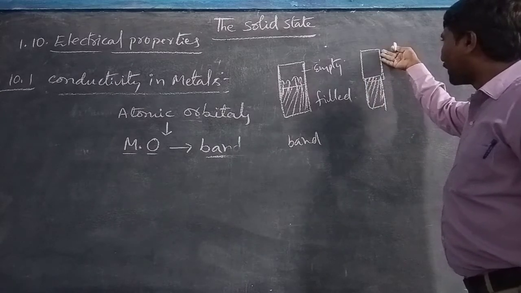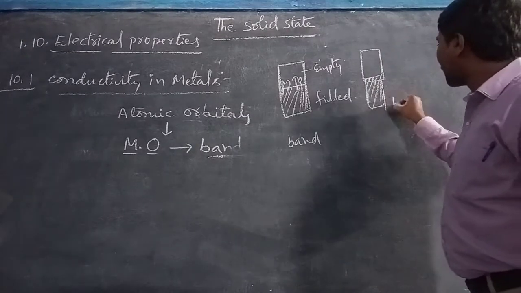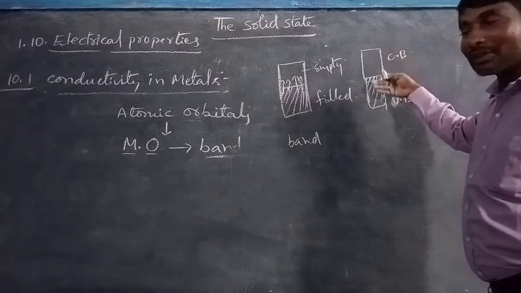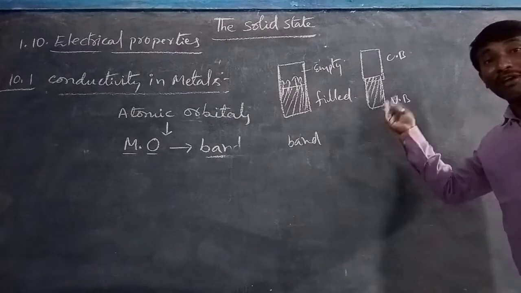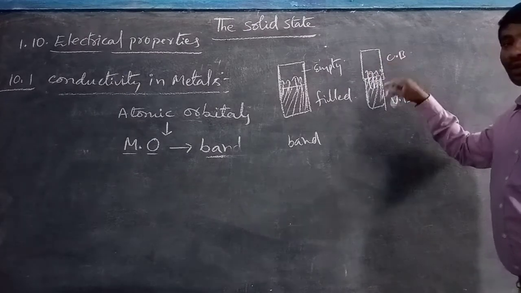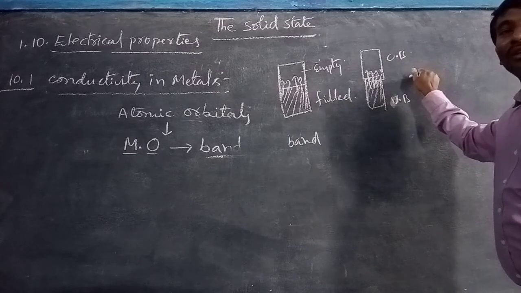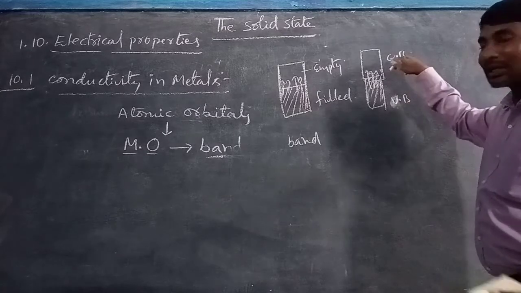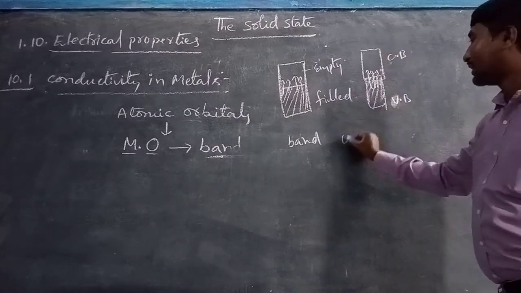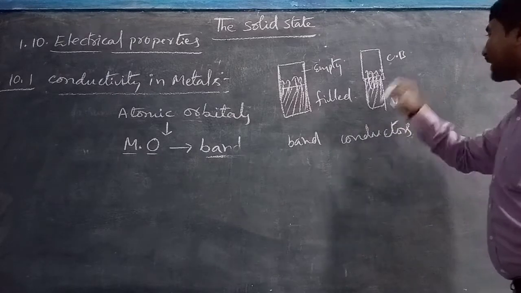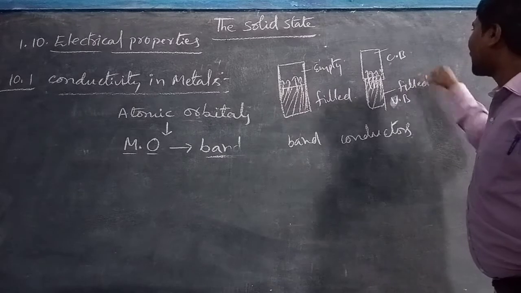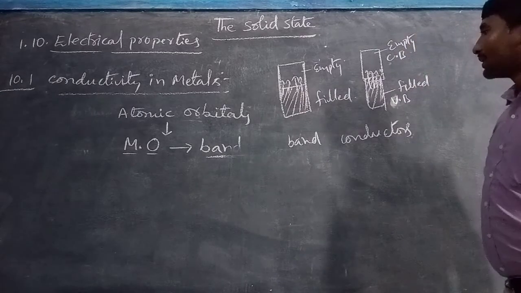The empty conduction band overlaps with the valency band, so electrons easily shift from lower to higher. When there is no gap between the valency band and the conduction band, they act as conductors. This is filled, this is empty.